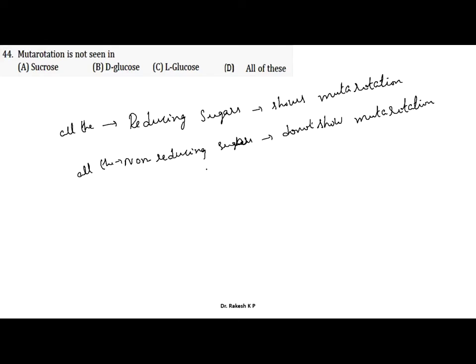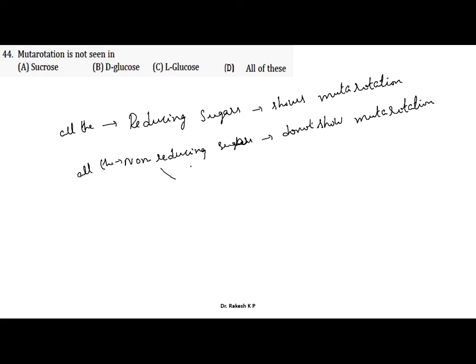And we know why the non-reducing sugars do not show mutarotation. Especially in the disaccharides, or maybe in the polysaccharides, both the anomeric carbons are involved in the glycosidic linkage.